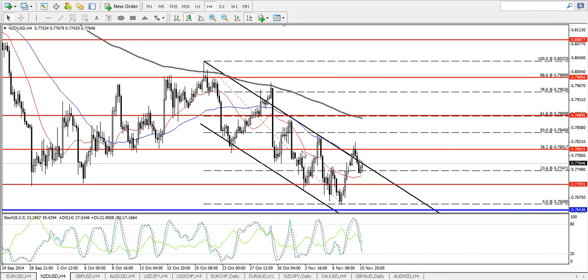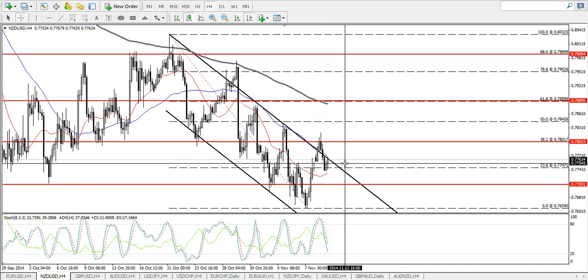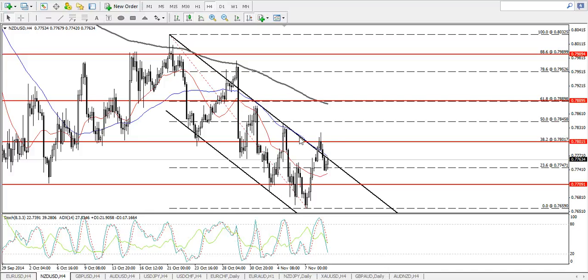Next, we have the New Zealand dollar against the US dollar. So similarly, price depreciated, fell a little bit as the dollar strengthens a little, and price has actually broken above the falling trend channel, came back down, and right now we are seeing price is about to retrace further again.